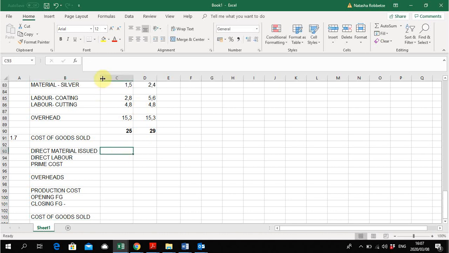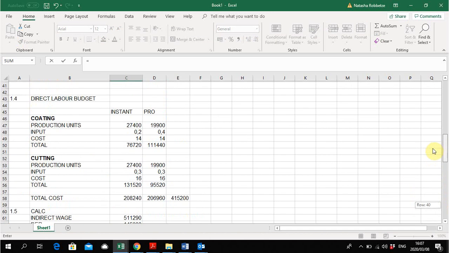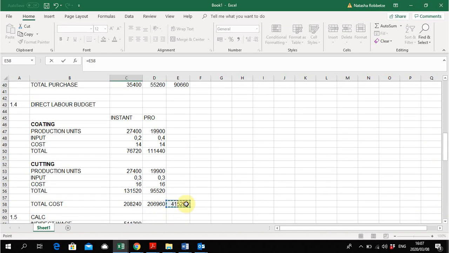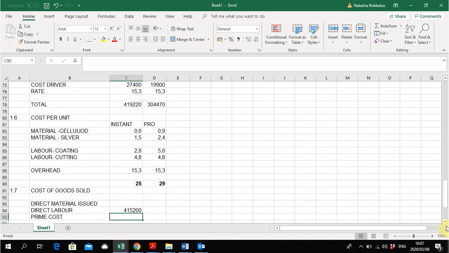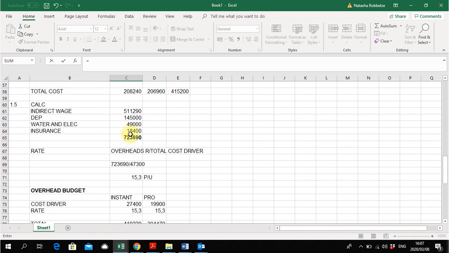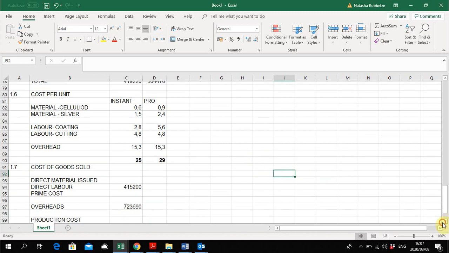The material is normally the more difficult one, so I'm just going to fill out the ones that are easy already. The first one that's easy is the direct labor, so I'm just going to go back to my labor budget, and I've calculated the total there, 415,200. Then I've also calculated a total for the overheads, so I'm just going to go back to my total in that calculation, and I have a total for overheads.